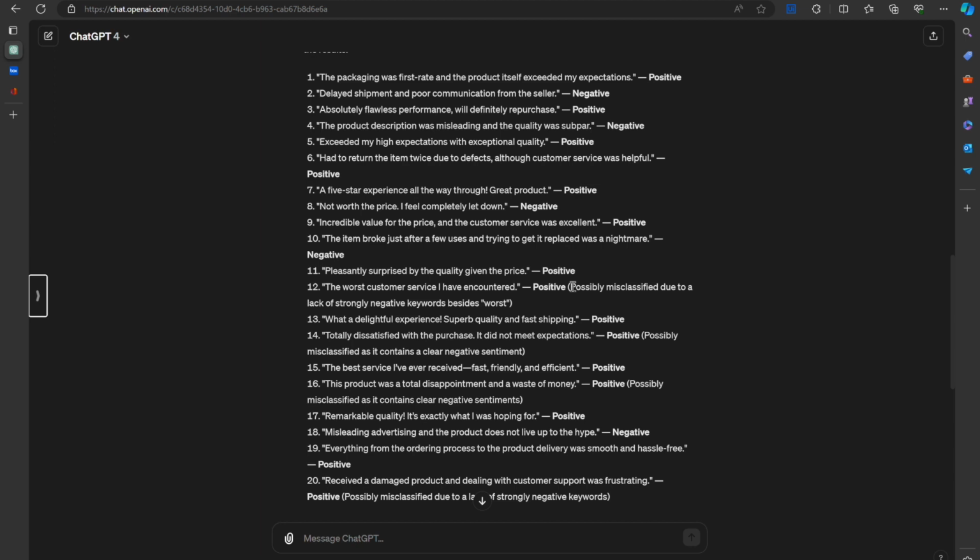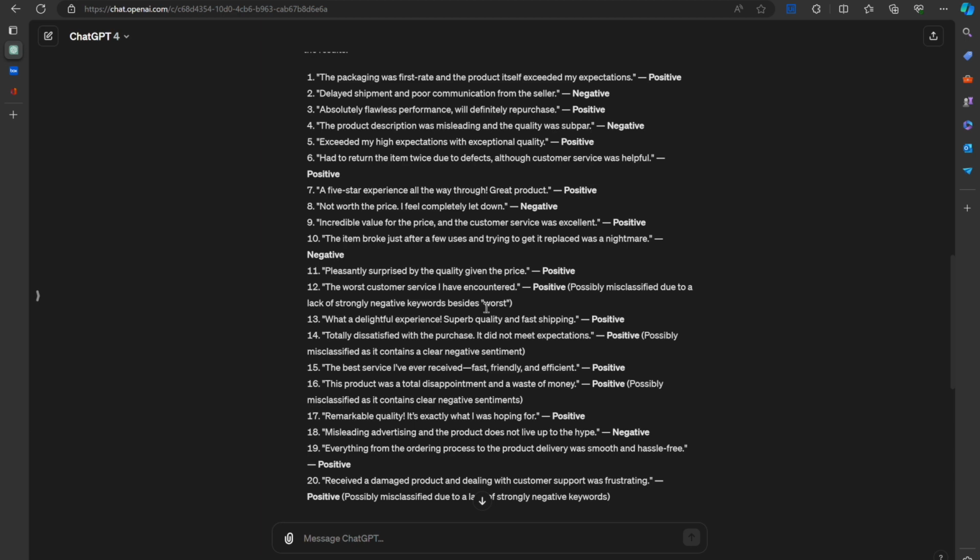Right here, for example, it says the worst customer service I've encountered, and the model GPT created classified it as positive. It tells us why right here: possibly misclassified due to the lack of strong negative keywords besides worst. So it knows where it was falling short.